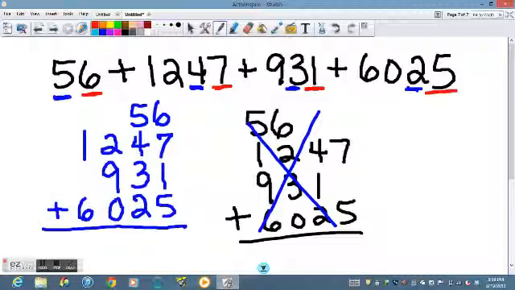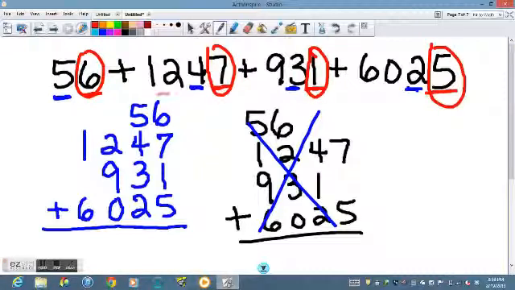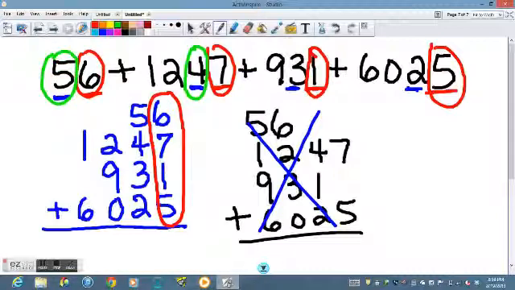So if I write the numbers correctly in a column, my 6 and my 7 and my 1 and my 5 should all be lined up. Those are all ones. See? And then my 5 and my 4 and my 3 and my 2 should all be lined up because those are all tens.